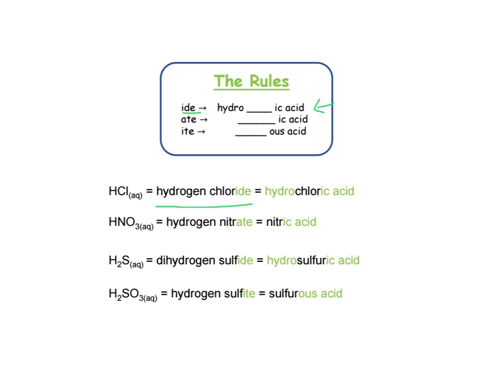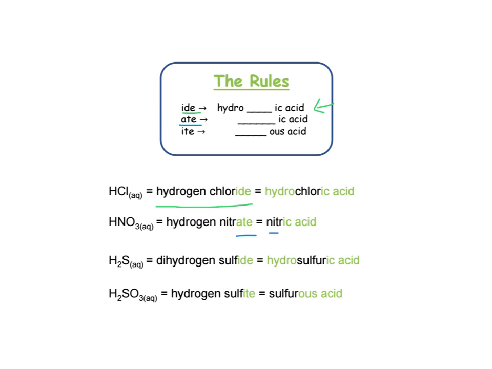Our next example is HNO3. Naming it as an ionic compound, we get hydrogen nitrate, and it ends in "ate". Our rules say that if it ends in "ate", we convert it into something-ic acid. So what does it become? It becomes nitric acid.